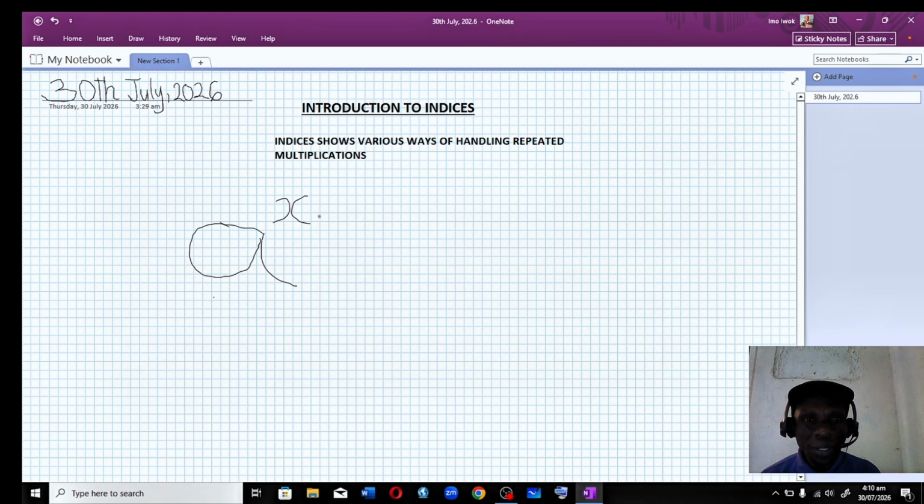This number that is seated up here, or that is being carried as a baby, because it's up there, we can call it the power. We are all familiar with the word power. We can call it power. If you don't call it power, which other name can you call it? There's another name. We can still call it index. Index is another name for that number which is written up there.